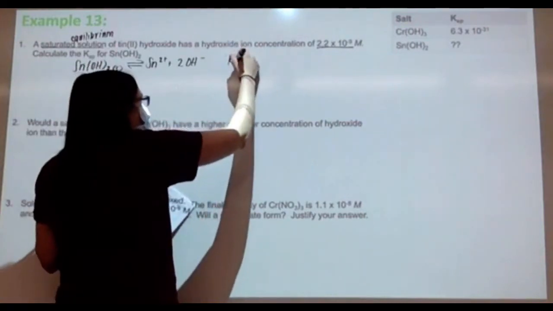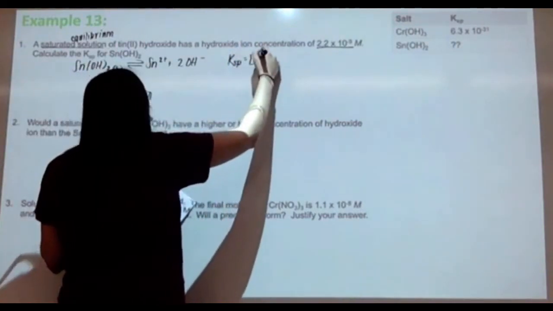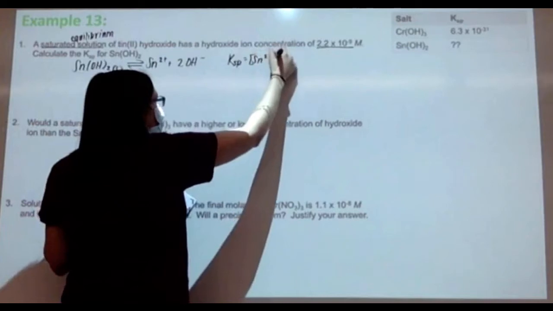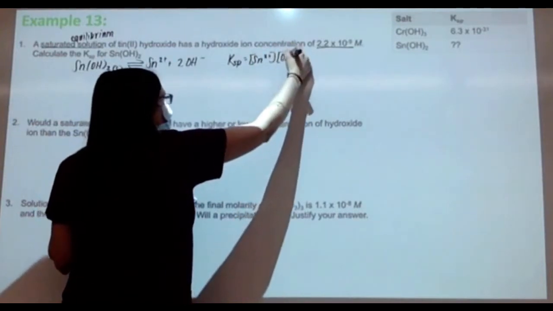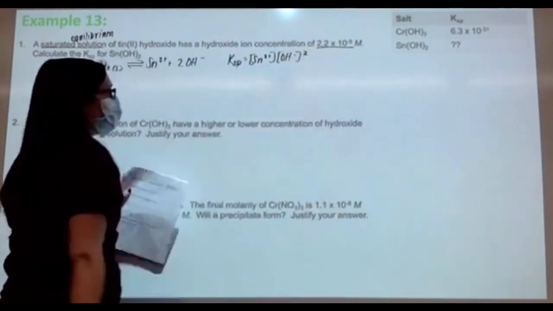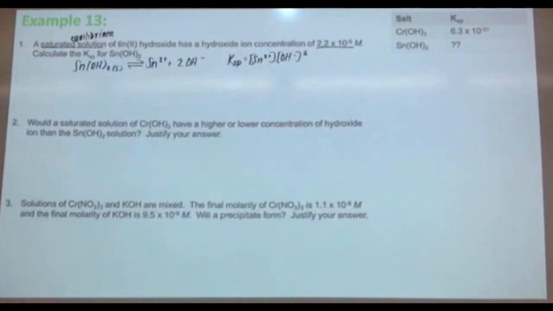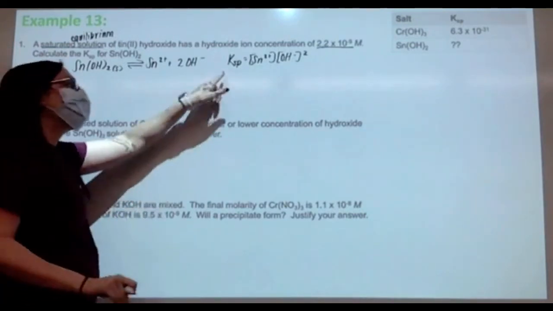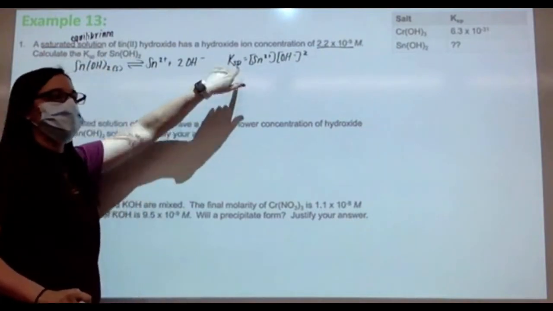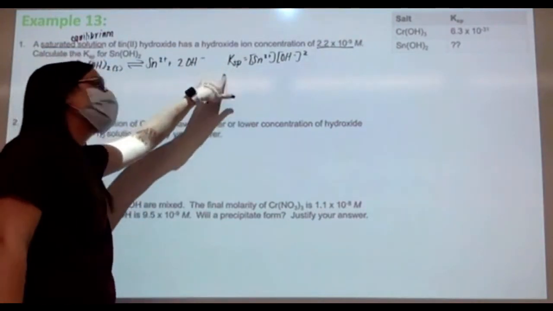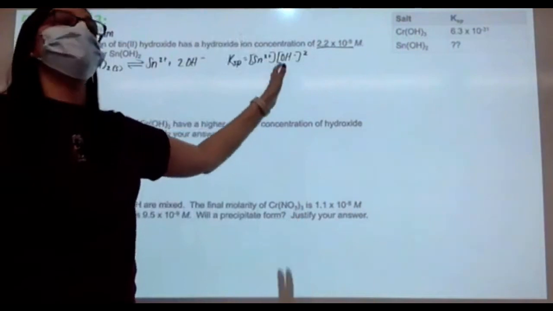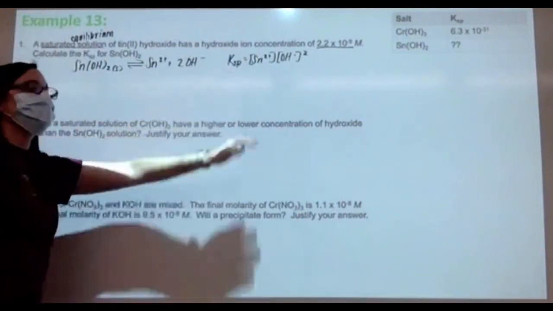And then the KSP expression that goes along with this will be Sn2+ times OH minus squared. Again, we do not include tin 2-hydroxide because it's a solid. Any capital K, any equilibrium constant expression, no matter what your subscript is, this could be A, B, C, P, SP, W, you never include solids or liquids.